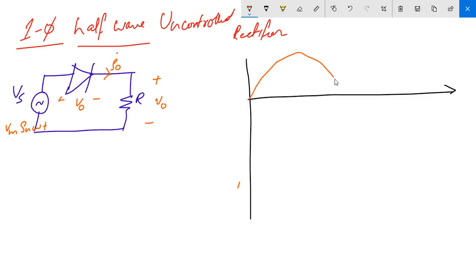So this is my sinusoidal wave, and this is my supply, right? This axis is omega t, and this is my Vs, this is my peak value. This is pi, this is 2 pi, this is 0.